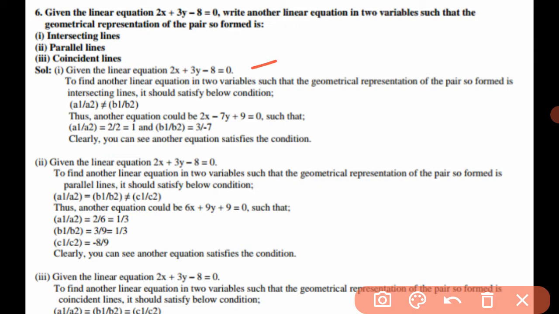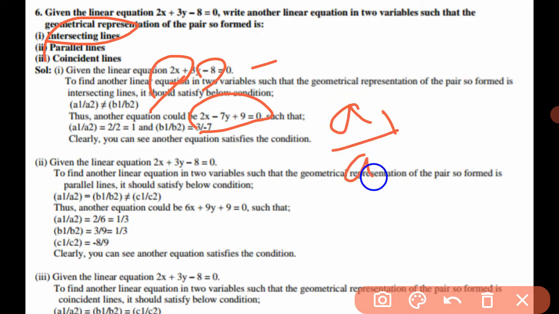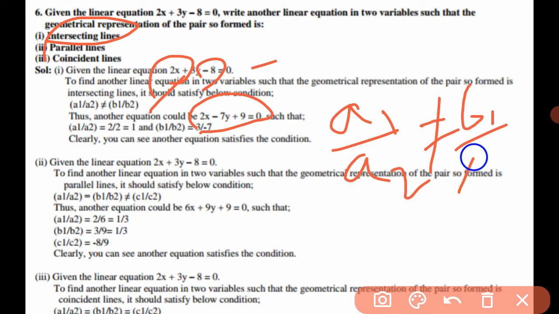So the second equation we will make for intersecting lines, and for intersecting lines a1 upon a2 is not equal to b1 upon b2. It means we will take two different ratios. We can take the second equation as 2x minus 7y plus 9, or you can take any other equation, such that a1 upon a2 is not equal to b1 upon b2.